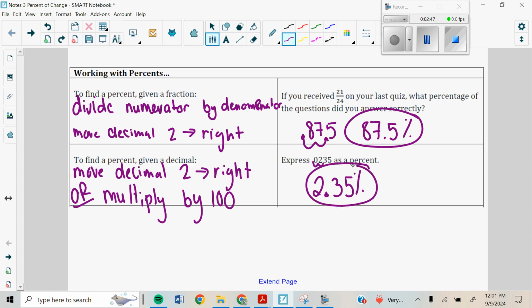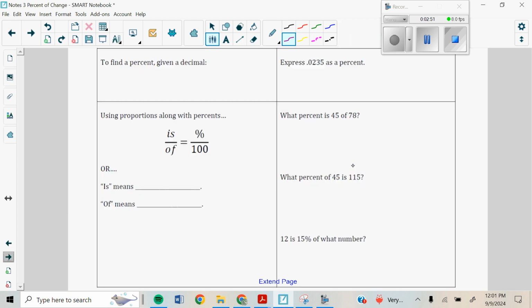All right, so as I said, rewind, pause as you need. Let's go to the second half of your chart. We already did that top portion, so now we're just going to look at this using proportions with percents. I like this little "is over of equals percentage over 100." The "is" means that it's the part, and the "of" is the whole number.